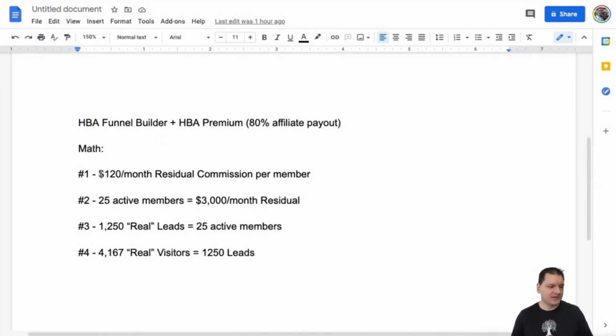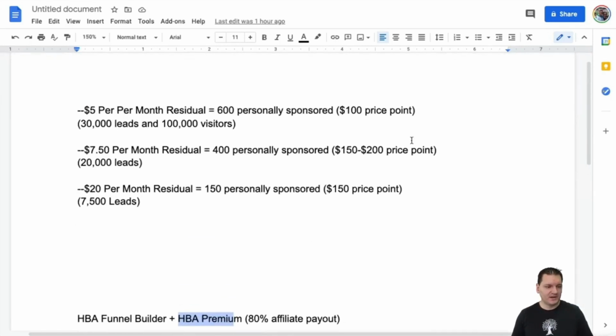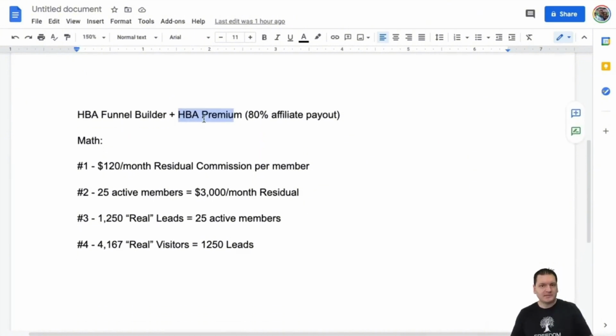So right here, as you can see, it's a $150 price point because the HBA funnel builder is 25 and this is 125, so 150 total. So up here, these are all $150 price points as well. Same price points, right? This one's a little bit less, 100. But this one, same price, so the customer's still paying the same amount of money, but here's the difference.